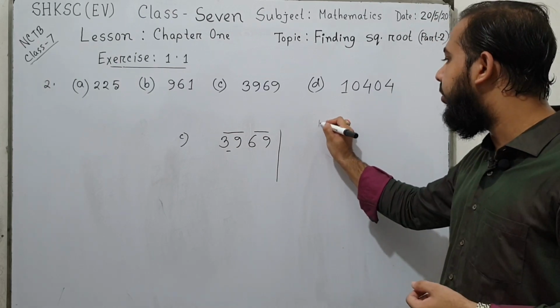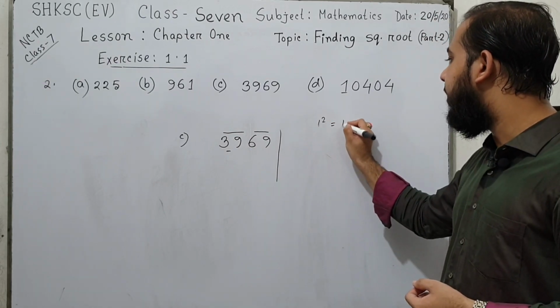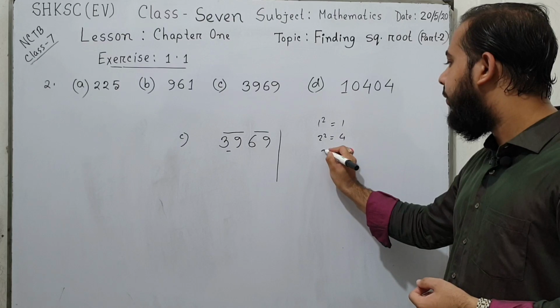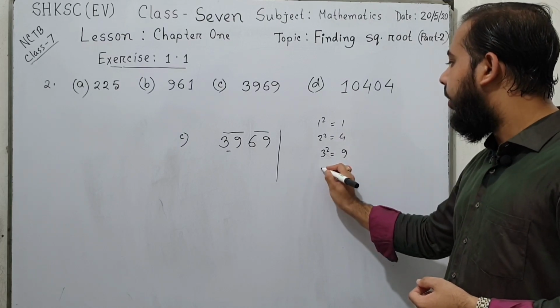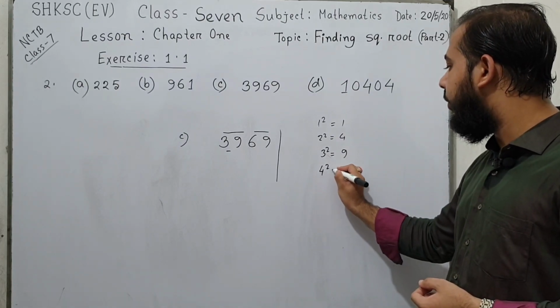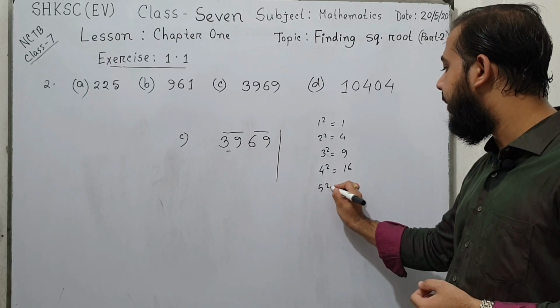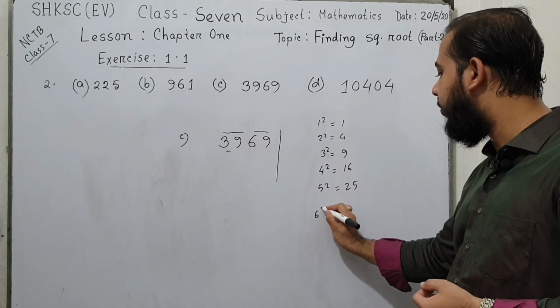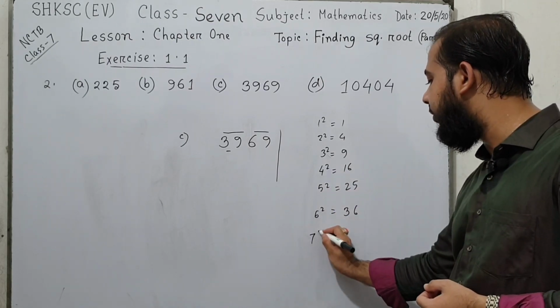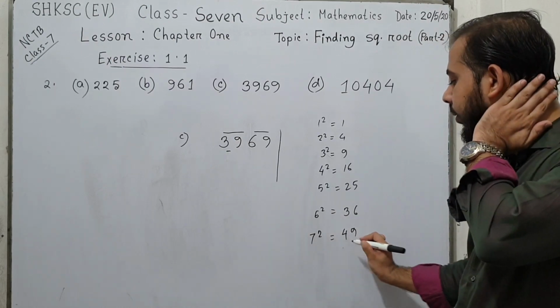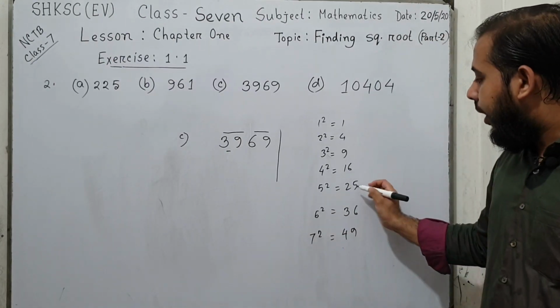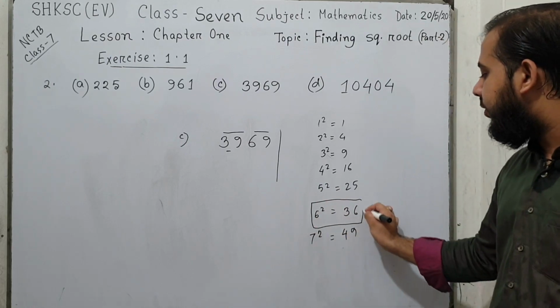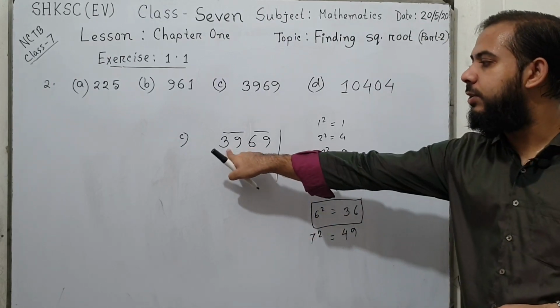So in previous problems we just saw 1 square is 1, 2 square is equal to 4, 3 square is equal to 9, 4 square will be 16, 5 square will be 25, 6 square will be 36 and 7 square will be 49. Now look, we can take only 6 square, that is 36, which is closest to 39.